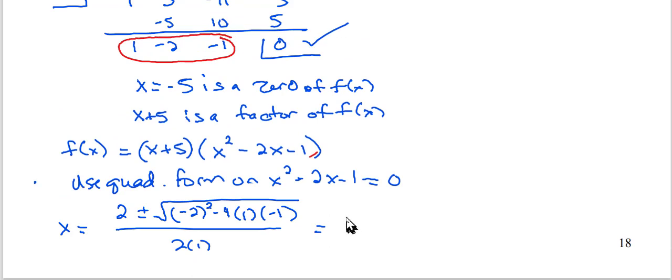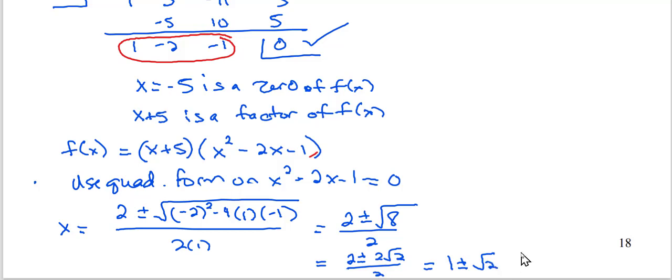That will equal 2 plus or minus the square root of, let's see, 4 plus 4, so that's 8, all over 2. That simplifies to 2 plus or minus 2 root 2 all over 2, which is 1 plus or minus the square root of 2.